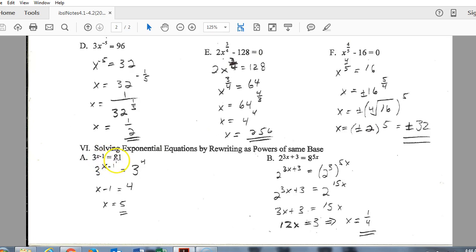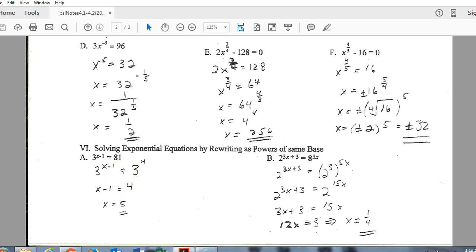On this one, I could solve this with logs pretty easily to solve for x, but another approach is to simply create common bases. Since this has a base of 3, I can see 81 is the same thing as 3 to the 4th power, right? That's still 81, but now if I write it this way, these guys have common bases.